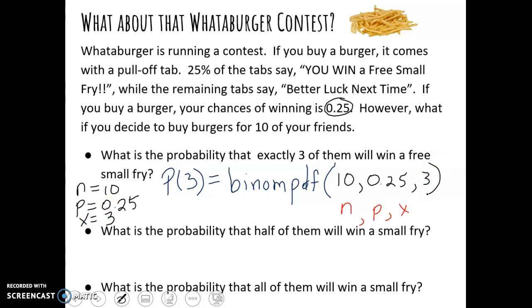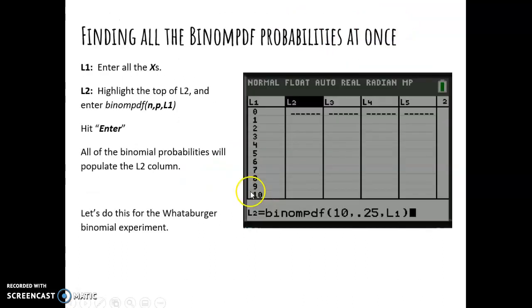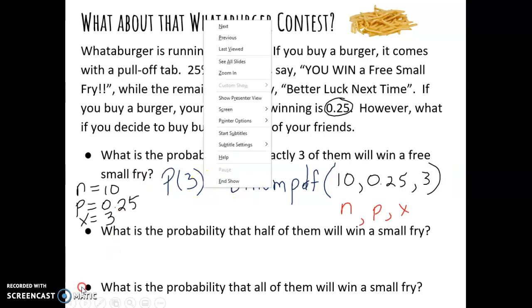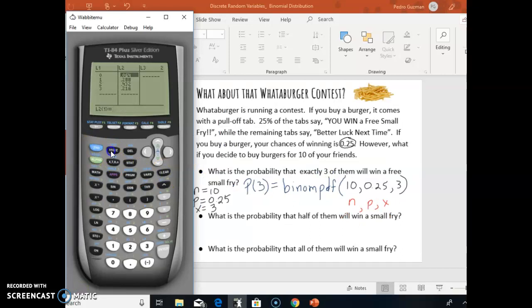Now, all we have to do is pull up the calculator and calculate what that probability would be. By the way, this is how you would show your work. You would write out the function along with the numbers you put in. To do this, we choose binomPDF by going to 2nd VARS, binomPDF.